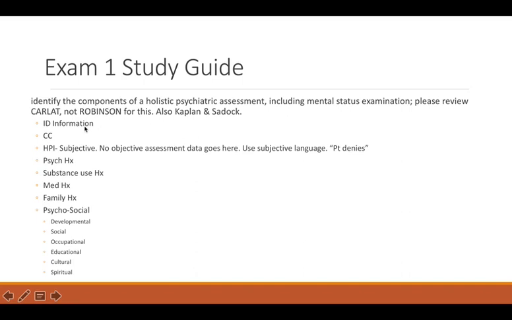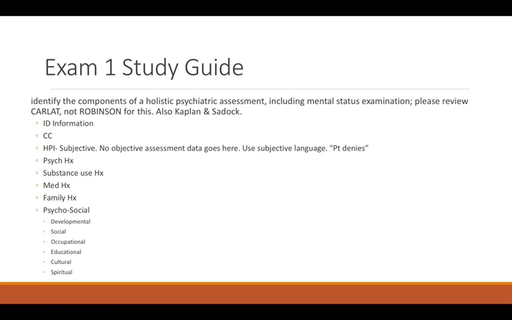You want identifying information and a chief complaint. You want your HPI. This should be where you are justifying your diagnosis. This is a subjective portion of your documentation and of the assessment. You want to use subjective terms, terms that reflect what your patient is reporting, or collateral information. So you don't want to put any assessment data in there, anything like "there is no evidence of," or anything that would be objective.